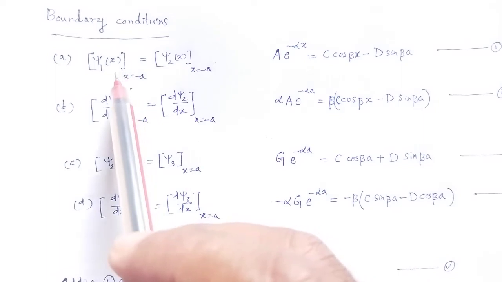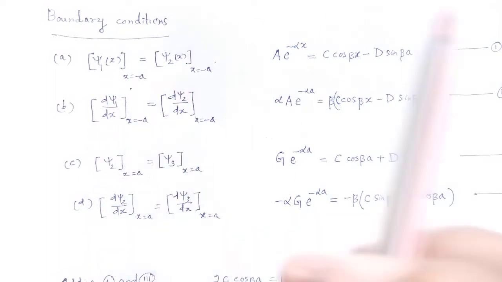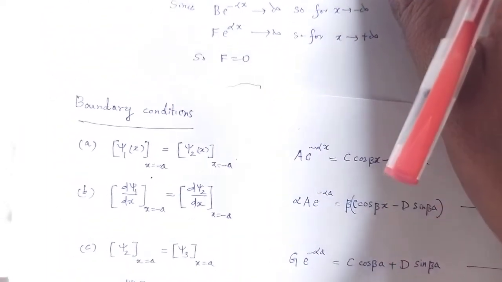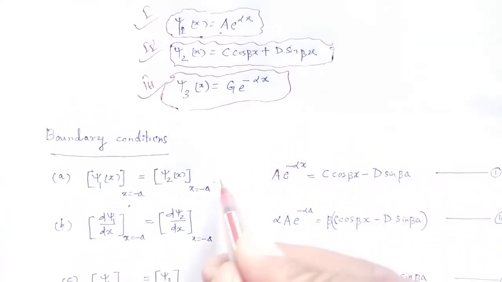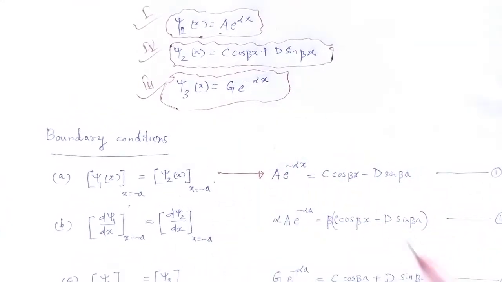So when we implement the first boundary condition for the wave functions psi 1, psi 2 and psi 3, we get the first equation.